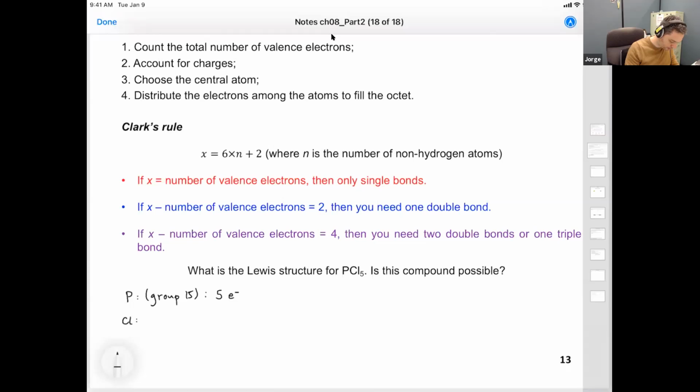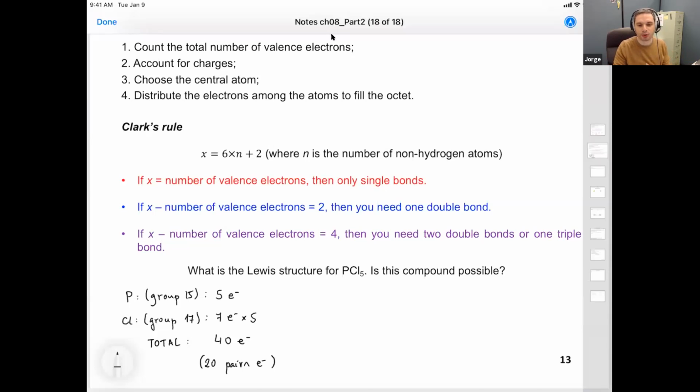And chlorine belongs to group 17, therefore 7 valence electrons, and we have 5 chlorines. That gives us a total number of valence electrons equal to 40 electrons, or 20 pairs of electrons.